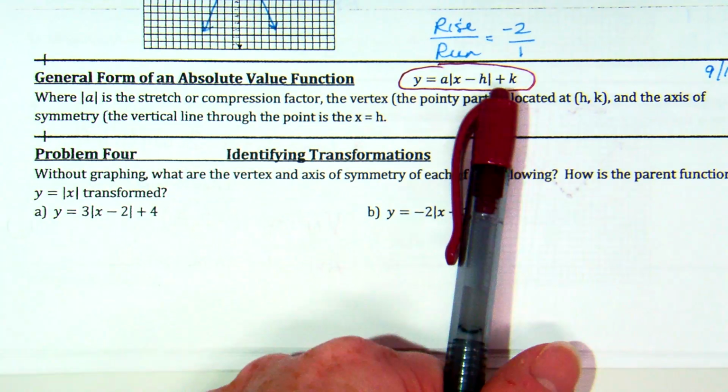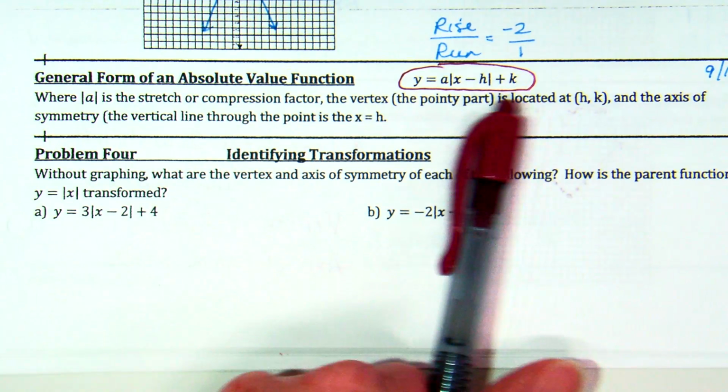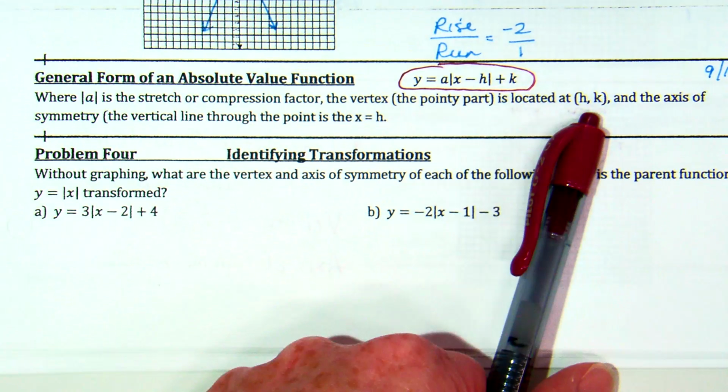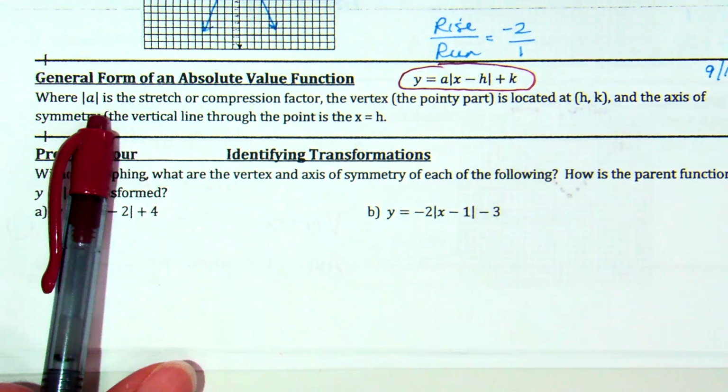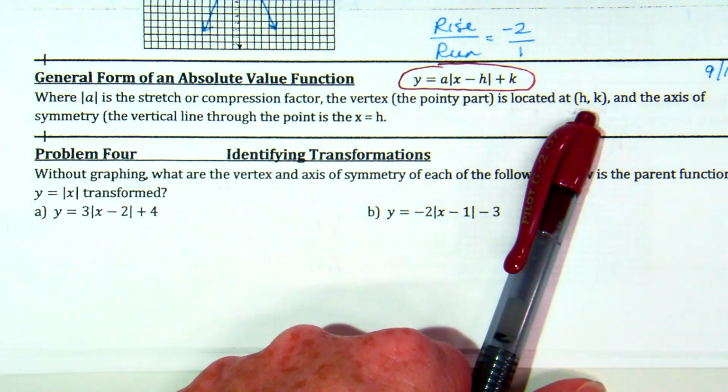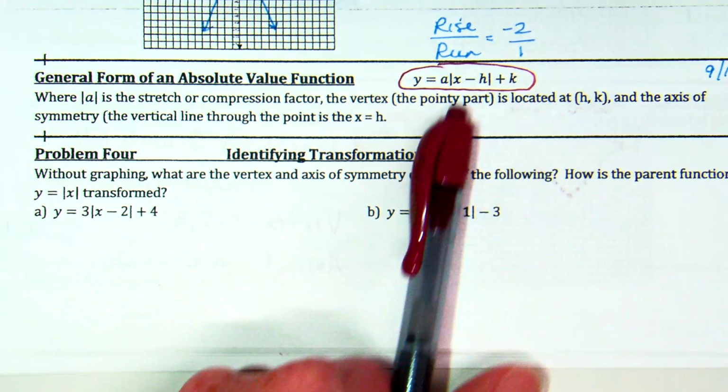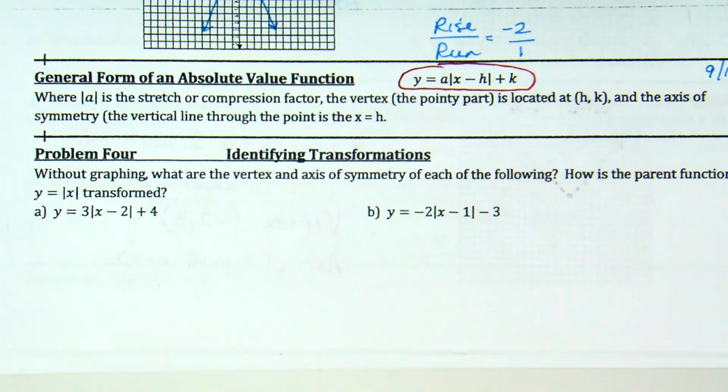Notice it says minus h, so it's the opposite sign of h, and then keeping the k as is. It's also how far left or right you go. The axis of symmetry is still x equals h, which is the first part of the vertex, and I pointed that out yesterday. So this is helpful to be familiar with.